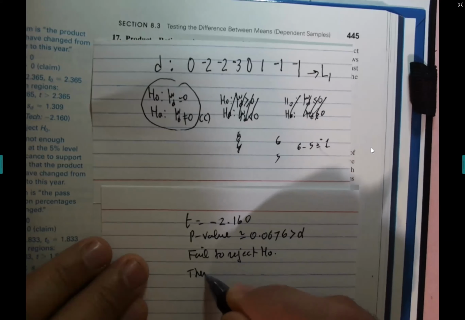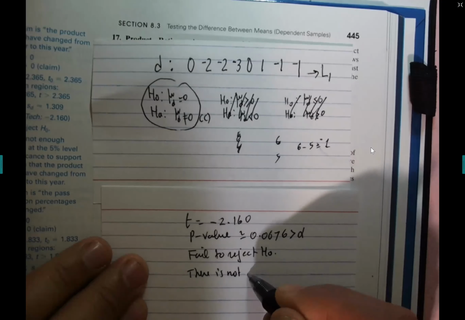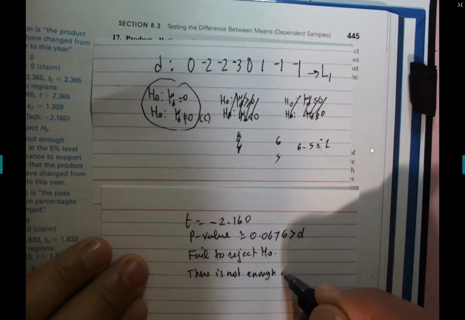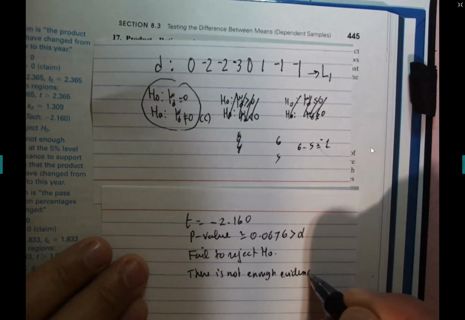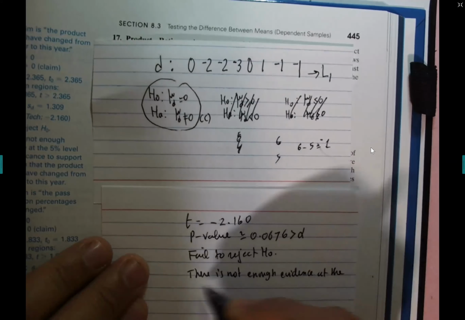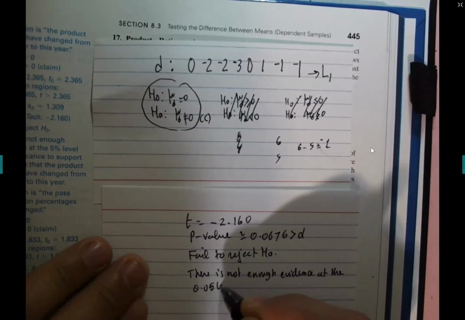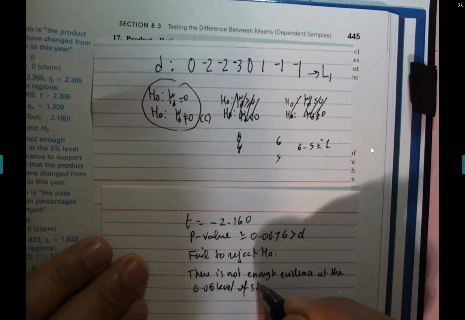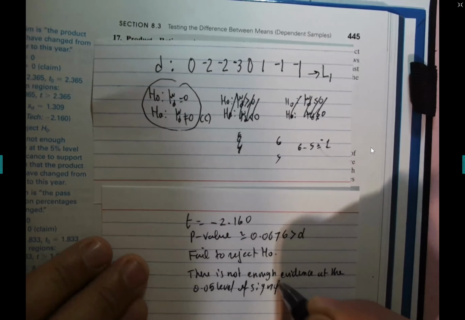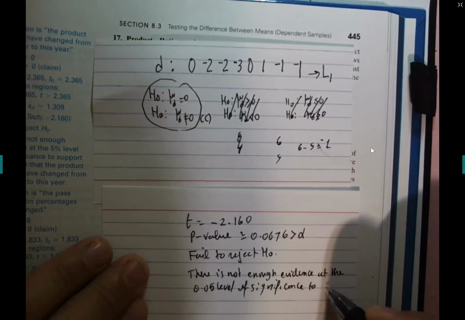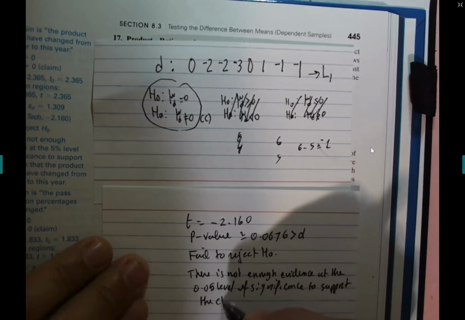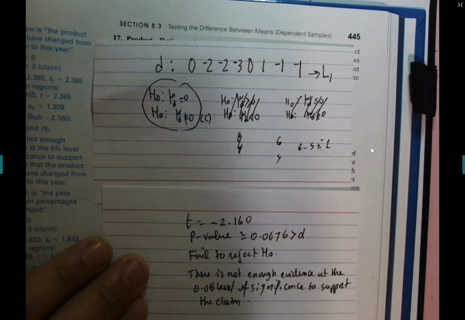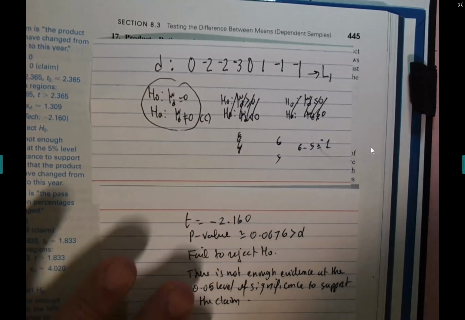And you conclude there is not enough evidence at the 0.05 level of significance to support the claim that the rating has changed. So this is how we do that.